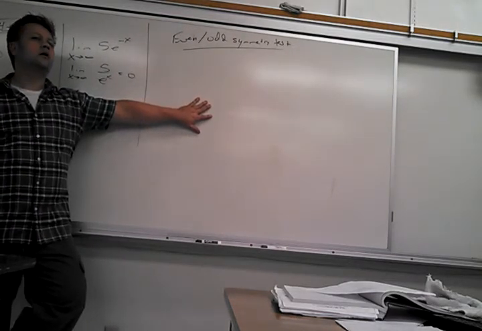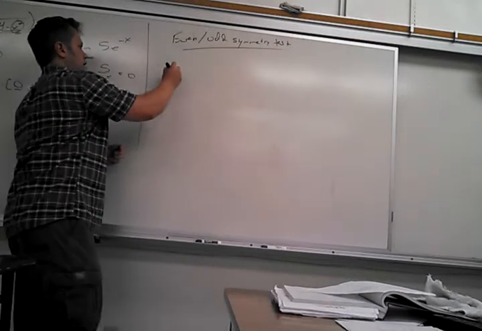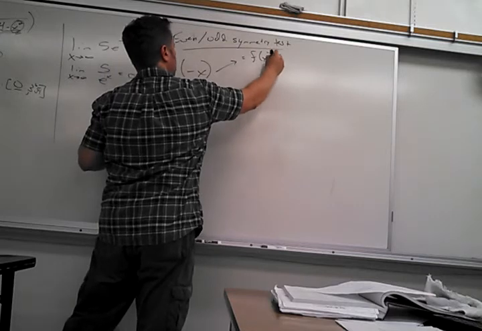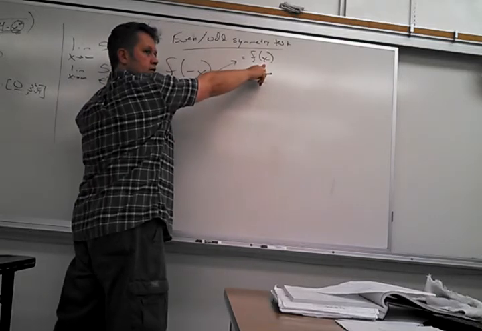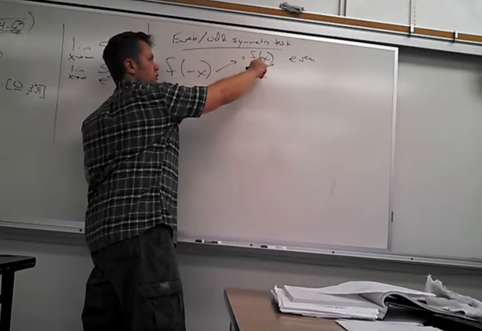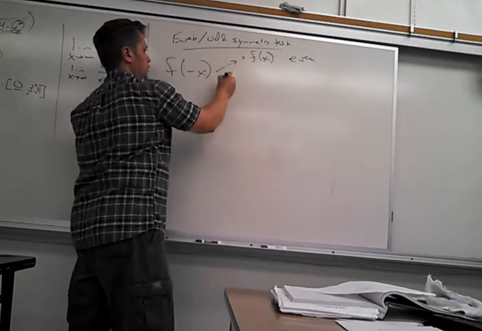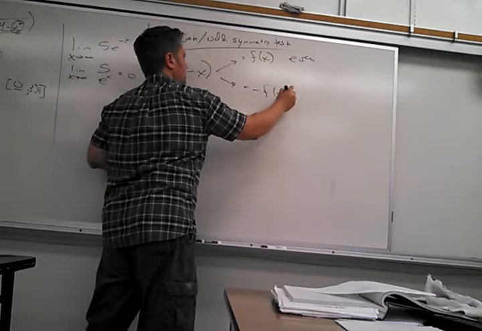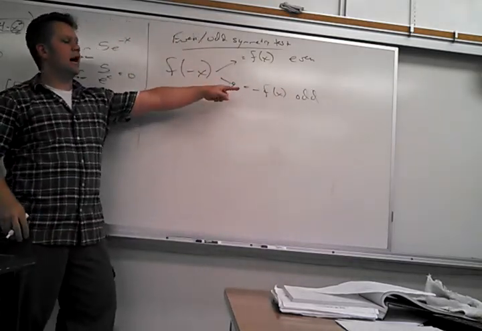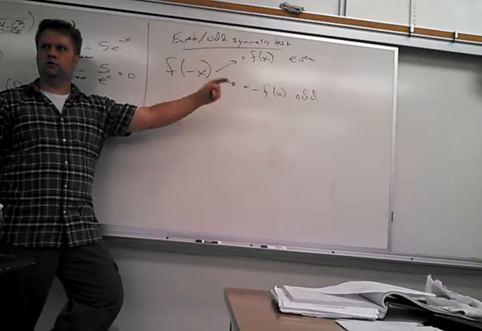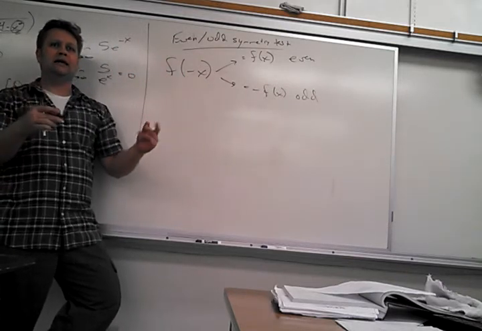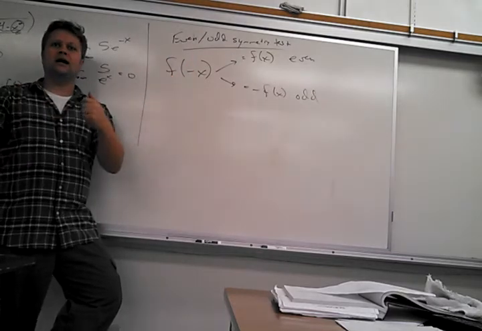You look at f of negative x. If this equals f of x, the same thing, that's even. When I square -2, I get the same thing as if I square 2. If it equals the opposite of what it would have been, that's odd. When I cube -2, I get the opposite of what I would have gotten if I cubed 2. It's exactly what we call them, even and odd. X squared even, x cubed odd, right?